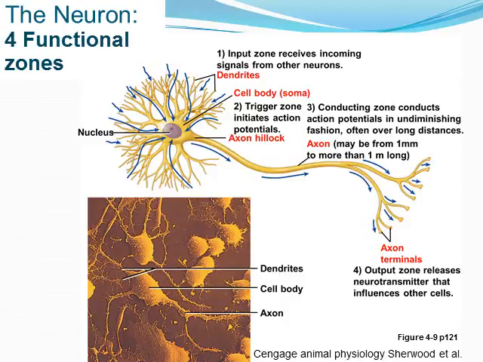The axon ends at an axon terminal, which is this cell's side of what we call the synapse, or where the signal is passed on to either the muscle or the other neuron or a gland to continue that signal on. So the end goal here, if there's enough signal in the dendrites and the soma to trigger an action potential, you're going to get release of neurotransmitter at the axon terminals.